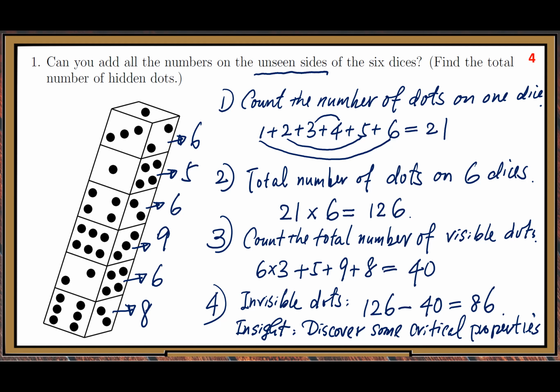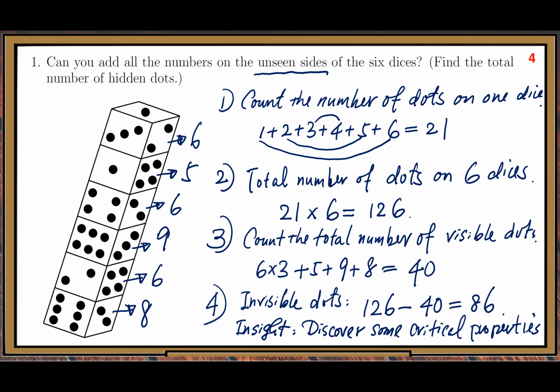All right, so we finished the first example. But before we move to the second example, can you imagine something here? Sometimes we need to use our brain to do imagination. Nobody can see the invisible sides.